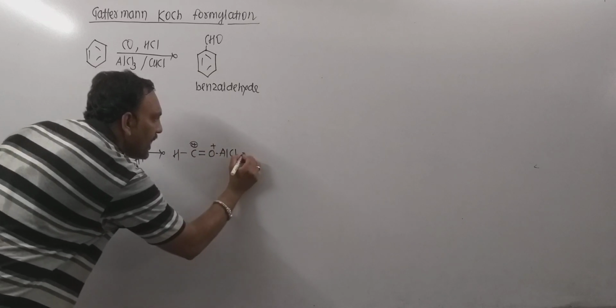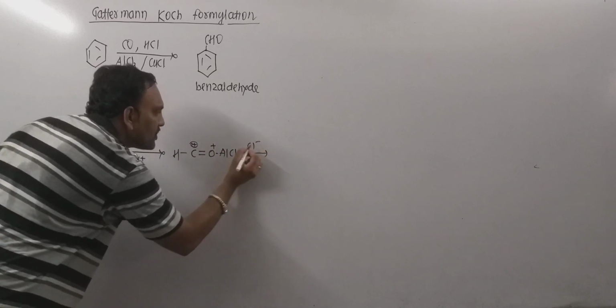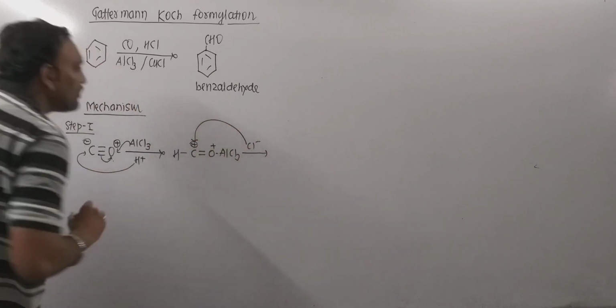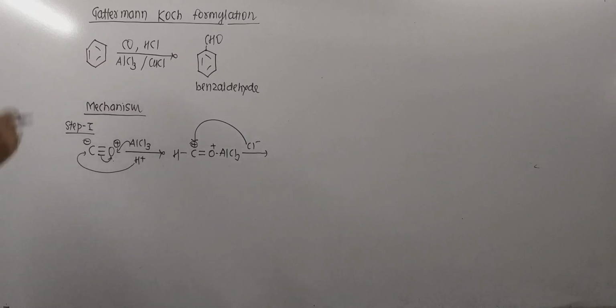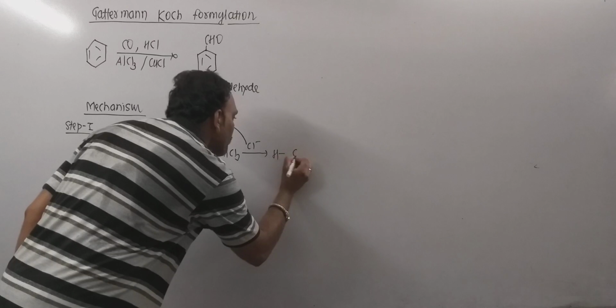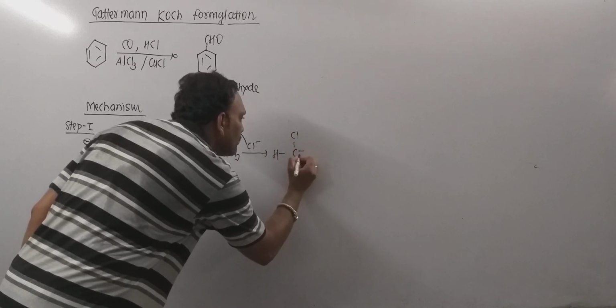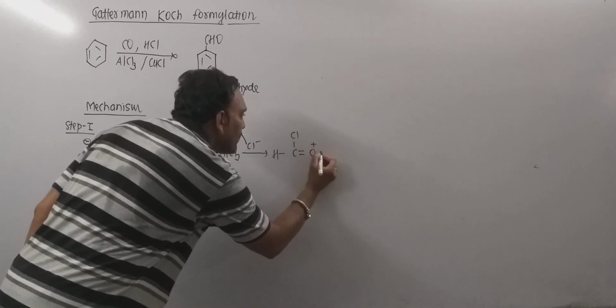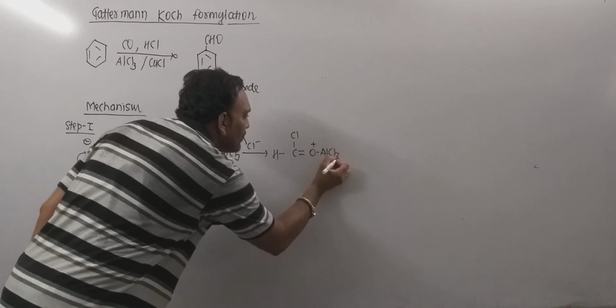Now at this site what happens, halide ion tends to attack at this center, I mean at carbon, and now this leads to the formation of a new intermediate which can be given as.